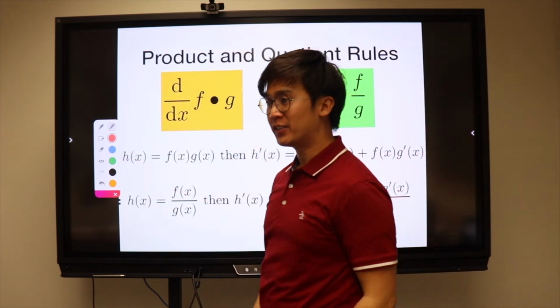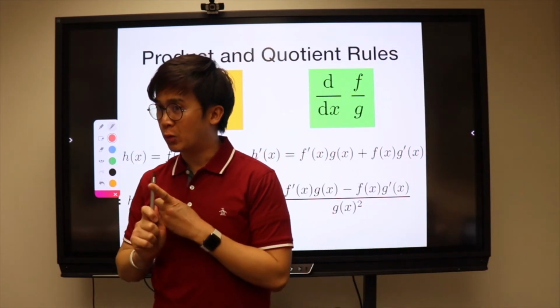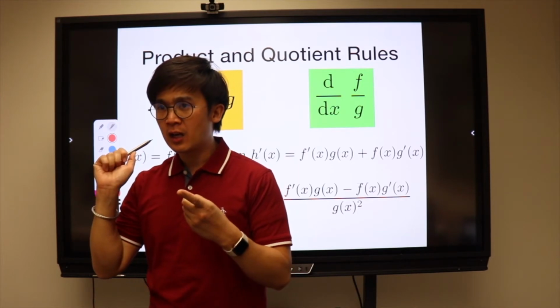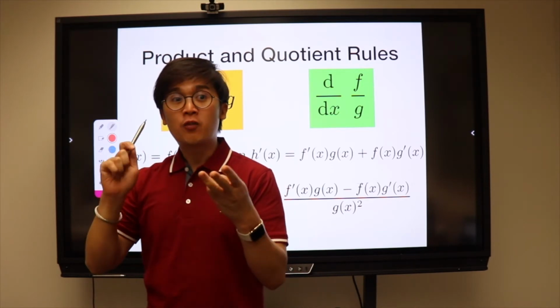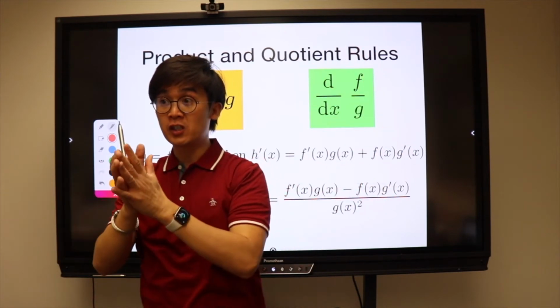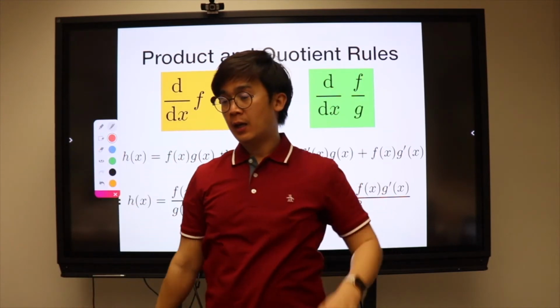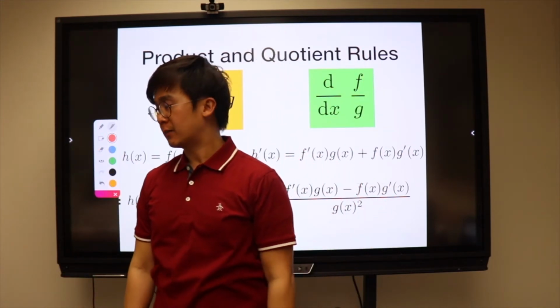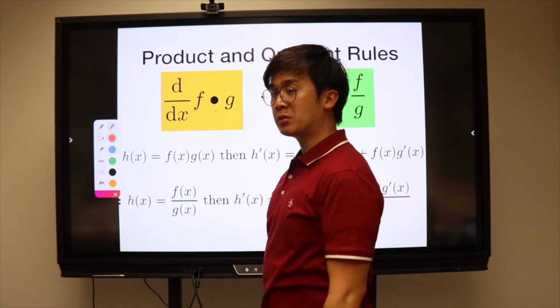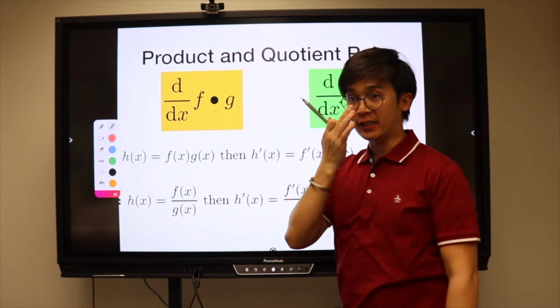Next rule. So we've learned the e to the u rule. We've learned the trig function rule. We've learned how to modify the function so we can use the power rule. Now the last two rules for today: f times g and f over g.